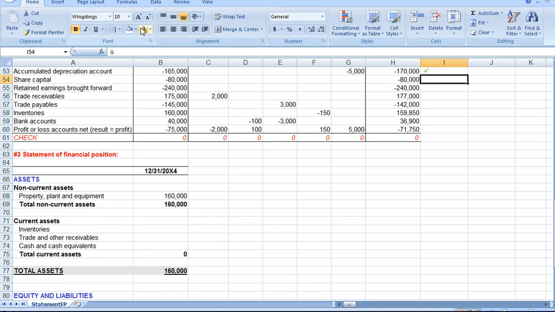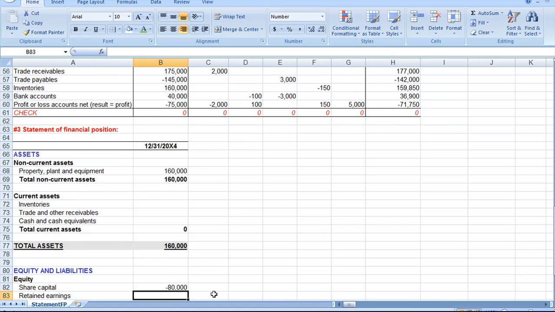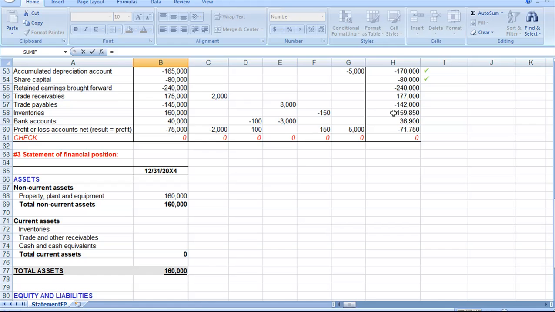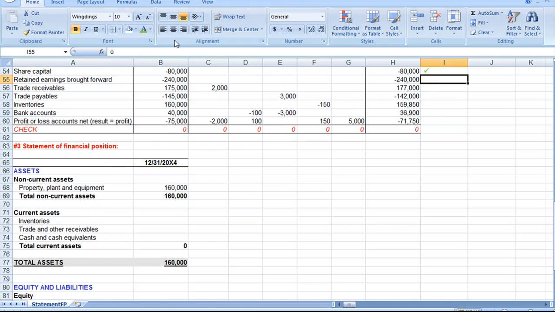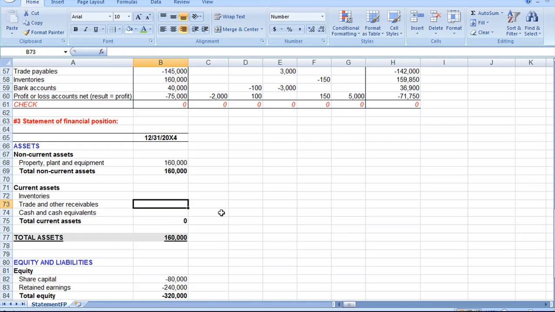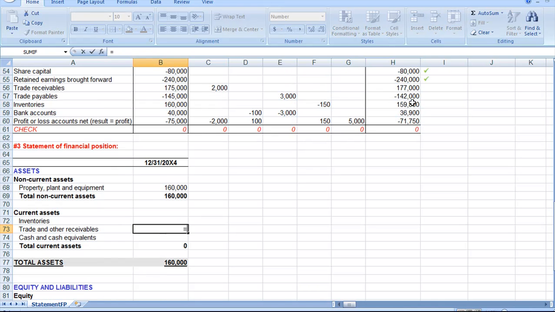Green tick. Retained earnings brought forward go to equity too, under the heading retained earnings. Green tick. Trade receivables go to trade and other receivables in the current assets. Green tick.